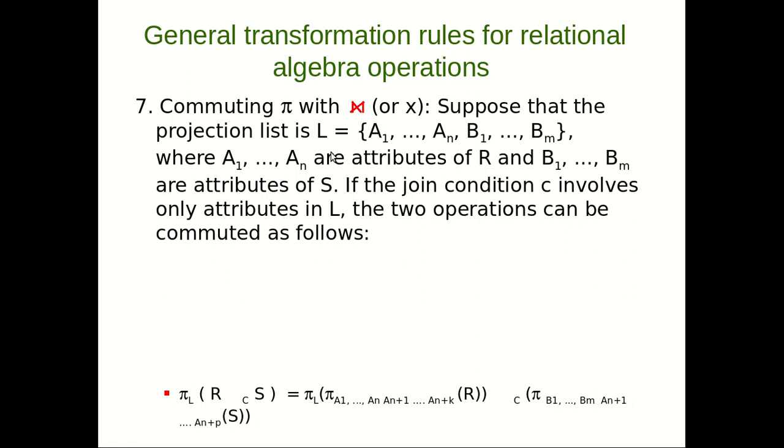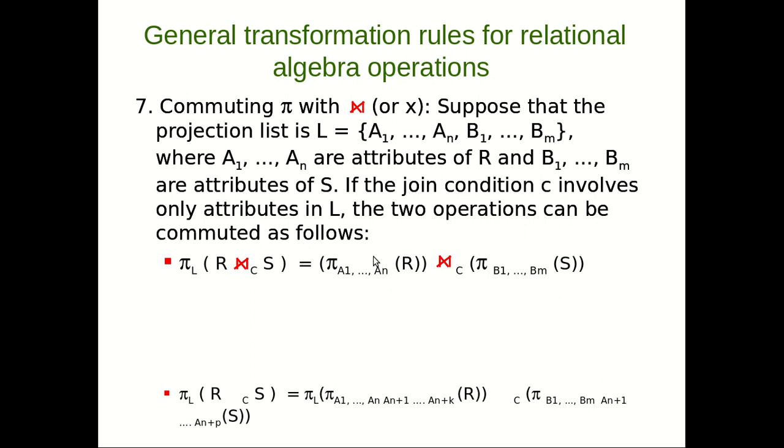This can be done only if the join condition C involves only attributes in L. That is, if R conditional join S under pi of L, then this can be written as pi of A1, A2, AN on R join this.